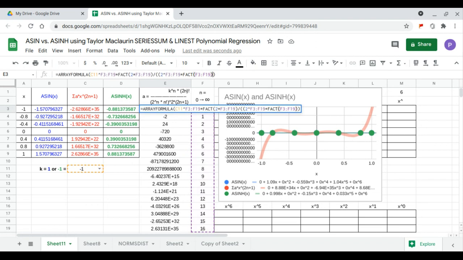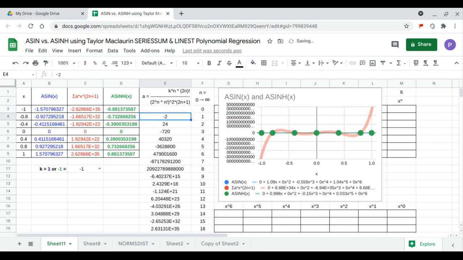And this whole expression is squared times the quantity 2n plus 1, 2 times n plus 1. Then enter.